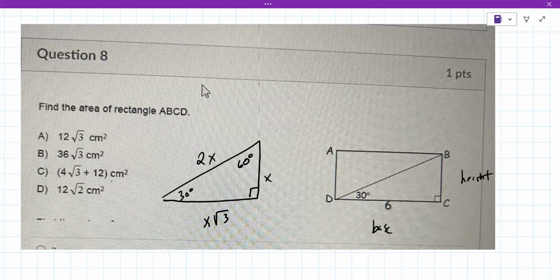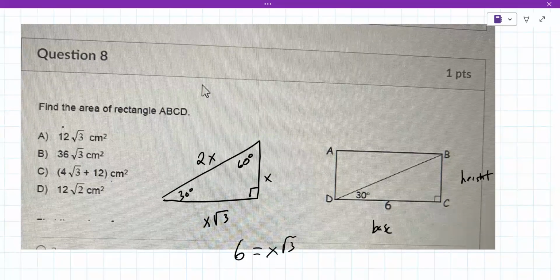So I want you to solve this for X. It's kind of like what we did in an earlier problem.